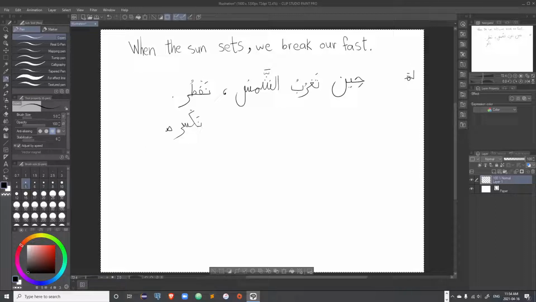So it would be صيامنا. Up until here is the end of fast. Here is our in the suffix. You do not have to focus on this sentence too much. I simply wanted to show you the comma.